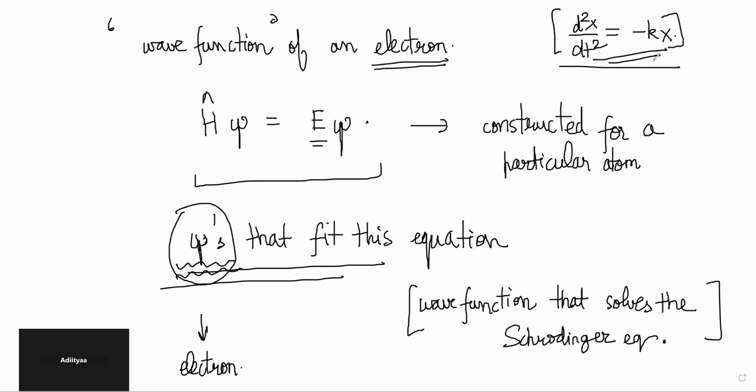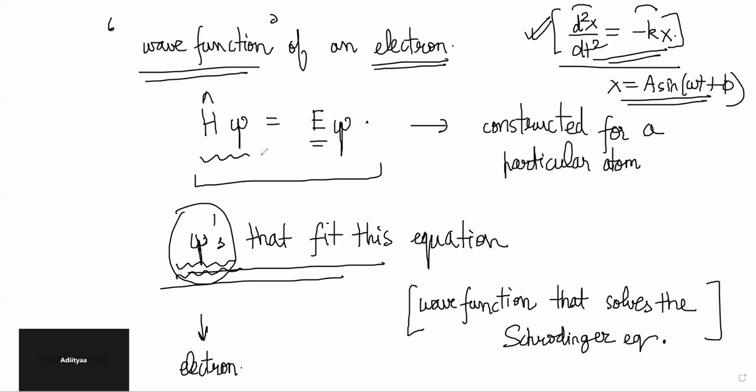In SHM, the solution was x is equal to a sine omega t plus phi, right? And notice that SHM was a double derivative differential equation. Even in waves, there is also a double derivative differential equation, right? The reason we are calling it a wave function is because this equation also is a second order differential equation.